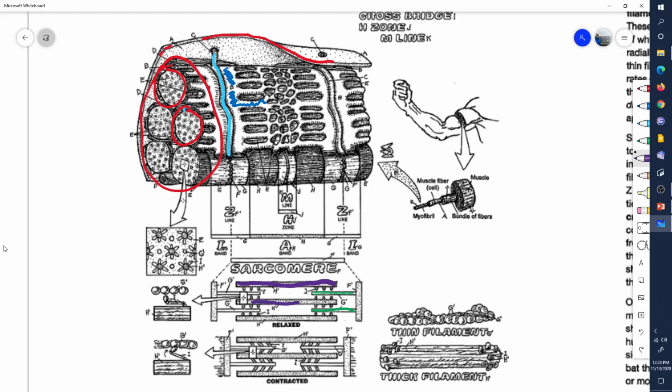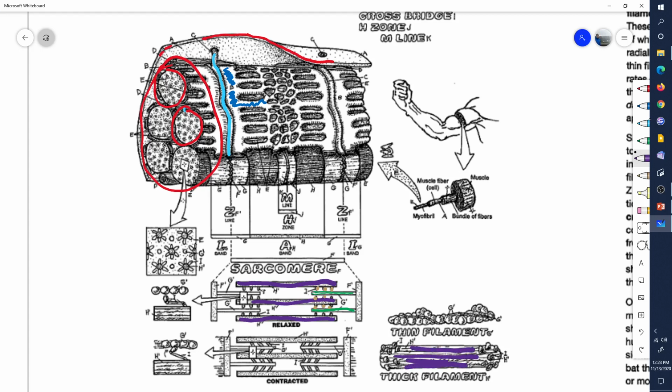Myo means muscle. And these little bits in between are called cross bridges. Now, let's show you over here. Here's the thick filament called myosin.